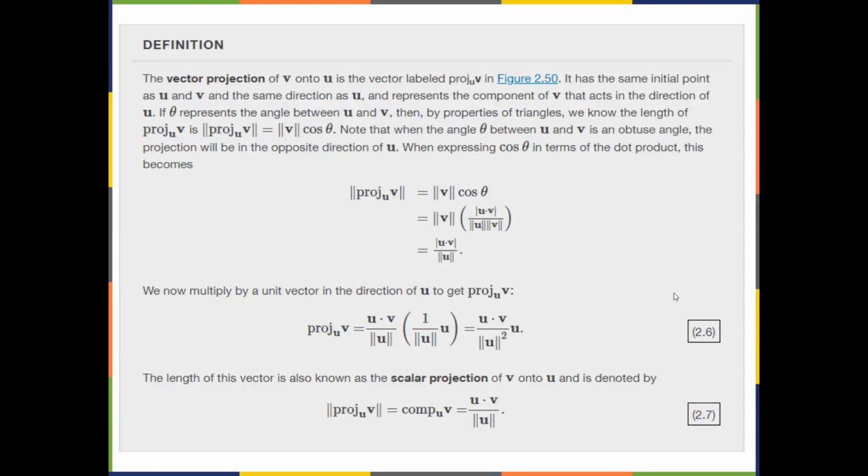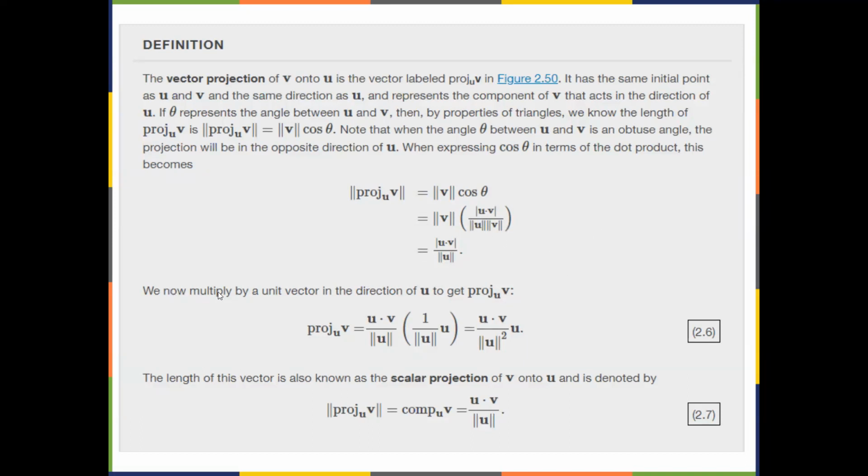So here's a very large definition. Vector projection. It's the magnitude of v times the cosine of theta. You know that you can replace the cosine of theta with your dot product formula here.